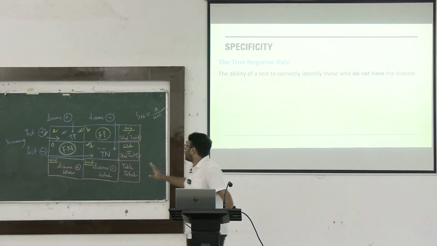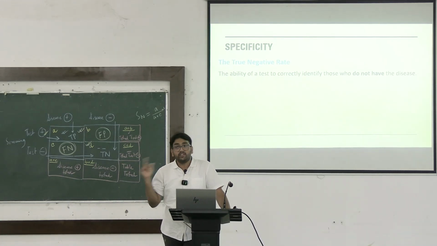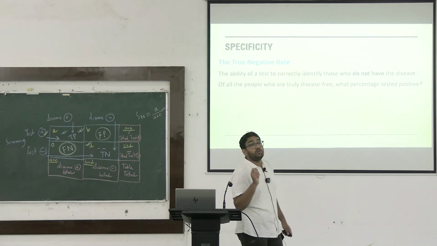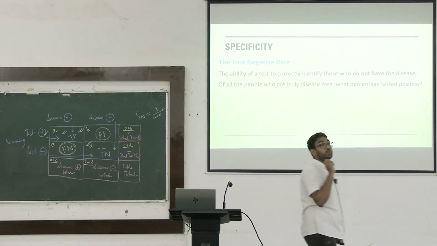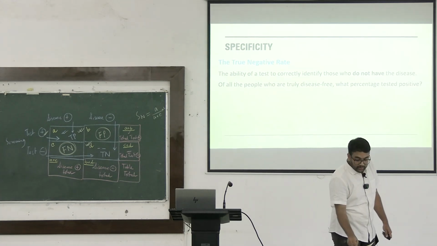Sensitivity was among all the people who have the disease, how many is the test able to label as diseased? Specificity is among the people who do not have the disease, how many is the test able to label as not diseased? So what will be the numerator here again?